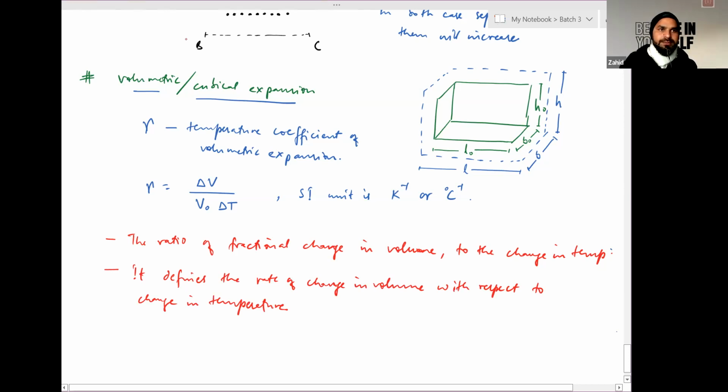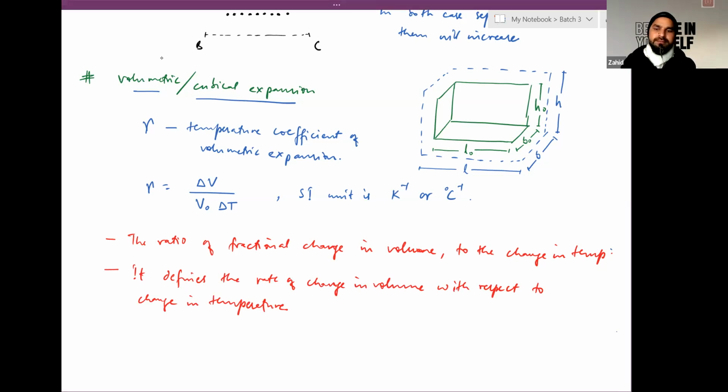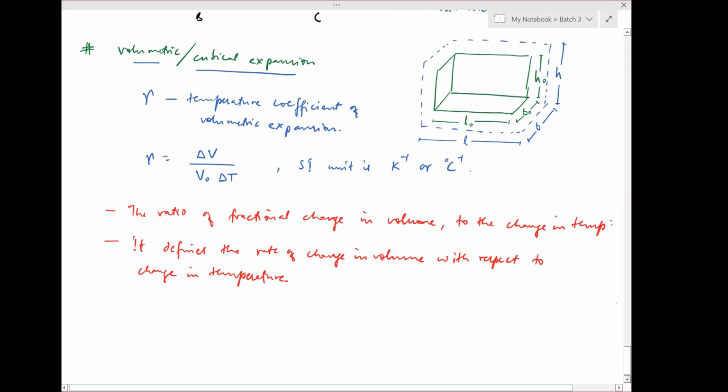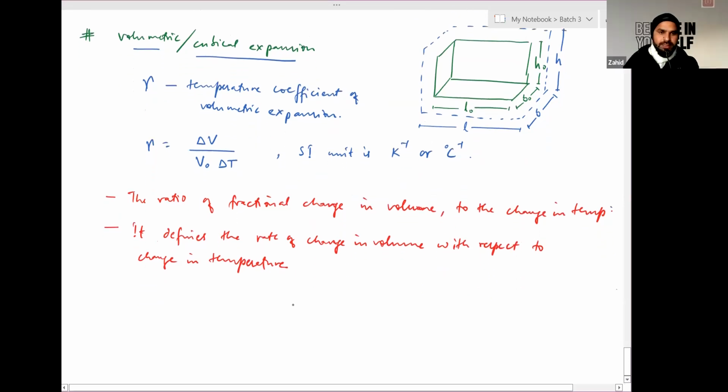Abhinav, is it clear? Yes, sir. Okay. So if we expand this relation, gamma equals delta V divided by V naught times delta T. Cross multiply, so delta V equals gamma times V naught delta T. Delta V is final volume minus initial volume.